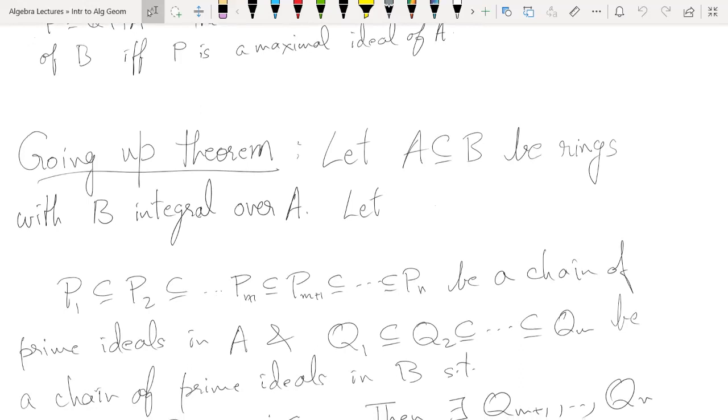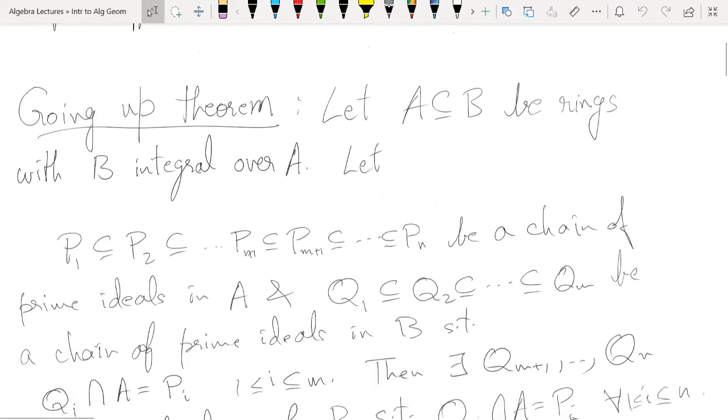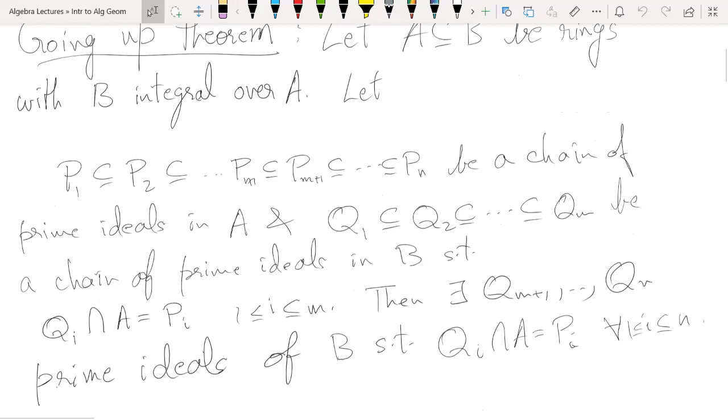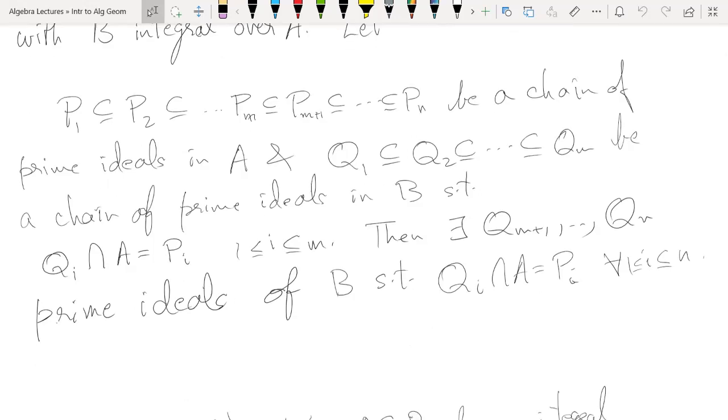So what is the going up theorem? Let A contained in B be rings with B integral over A. Let P1, P2 up to Pn be a chain of prime ideals in A, and Q1 to Qm be a chain of prime ideals in B, such that Qi intersection A is Pi for the first m of them. Then there exist Qm+1 to Qn prime ideals of B, such that Qi intersection A is Pi.